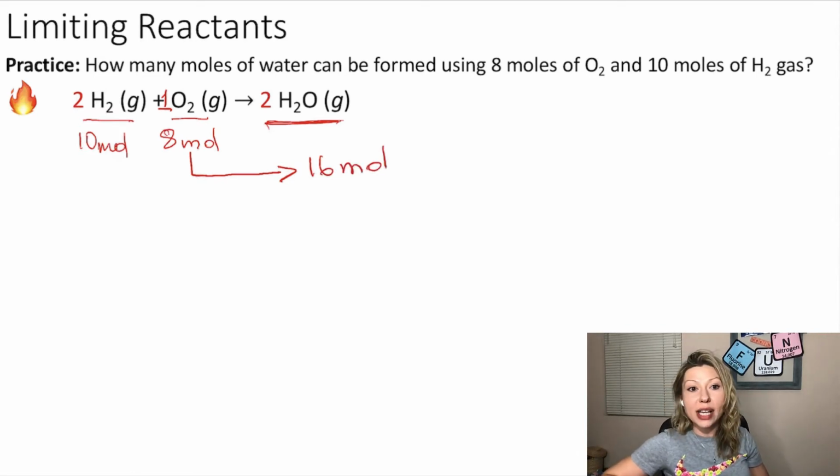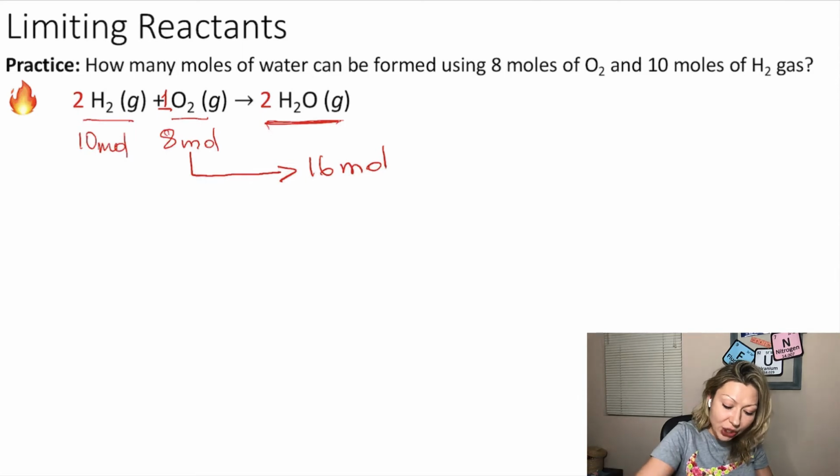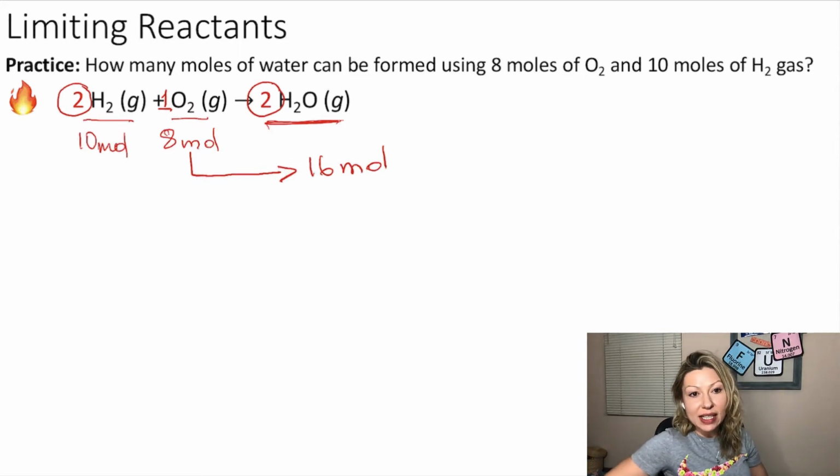Now, how about H2? The ratio is 2 to 2. So this means that for each mole of oxygen gas, I will need to use up 2 moles of hydrogen gas to prepare the same amount of moles of water as hydrogen gas because the ratio is 2 to 2.